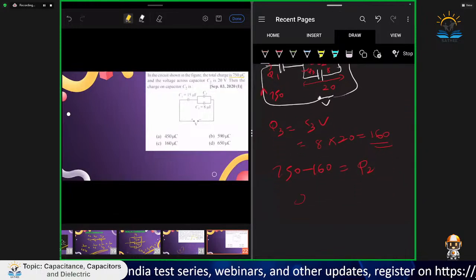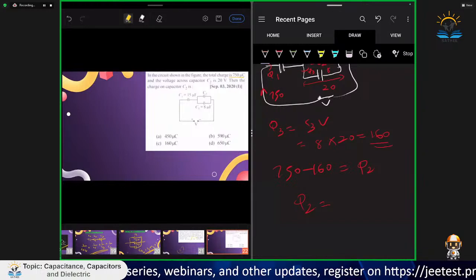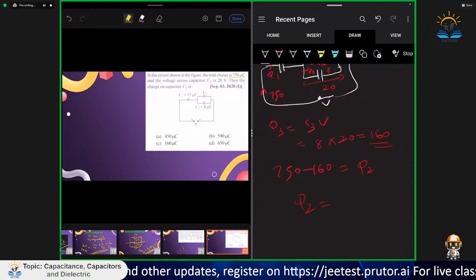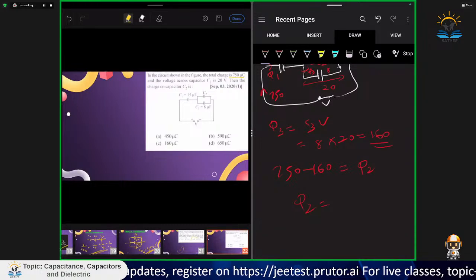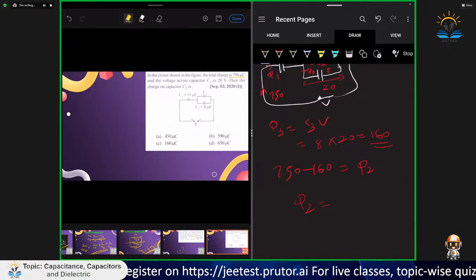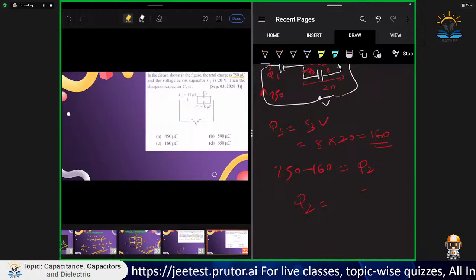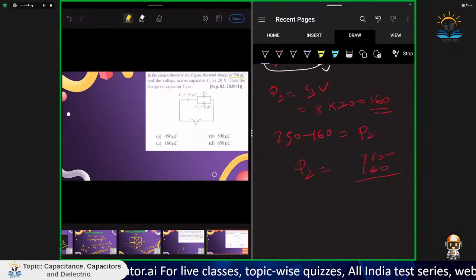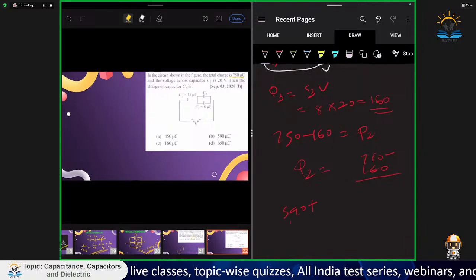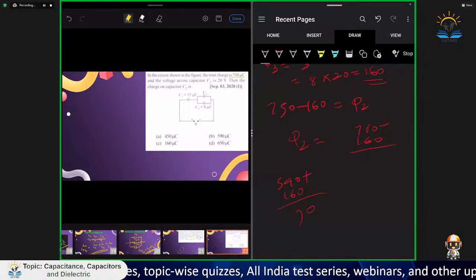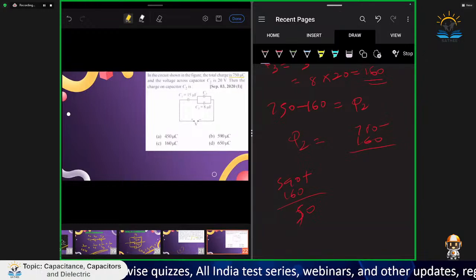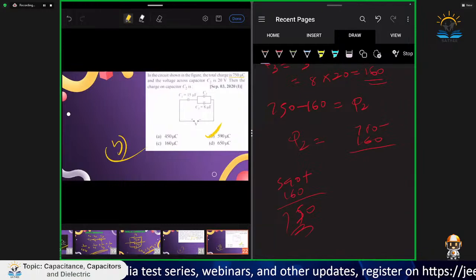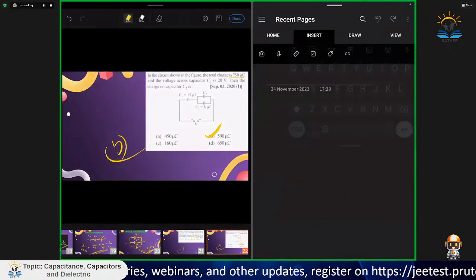So Q2 will be 590, and 590 plus 160 is 750. So 590 microcoulomb, option B is the right answer. Next question.